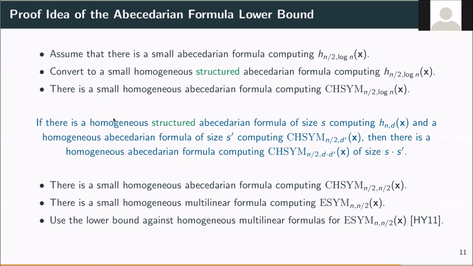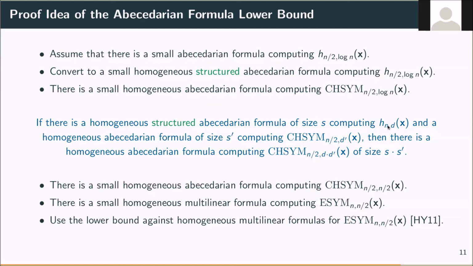We show that if there is a homogeneous structured ABCD formula of size s computing our hard polynomial of degree d, and there is a homogeneous ABCD formula of size s prime computing CH-sim of degree d prime, then there is a homogeneous ABCD formula computing CH-sim n by 2.